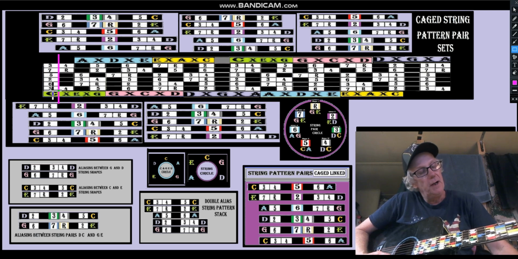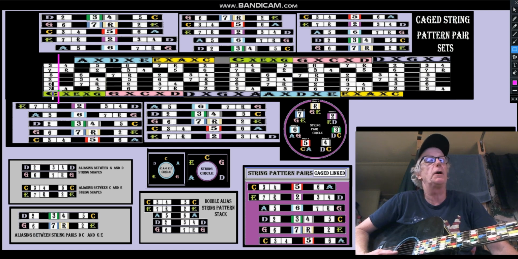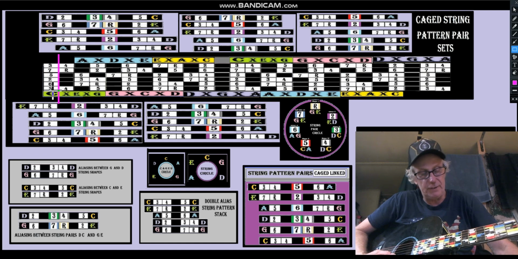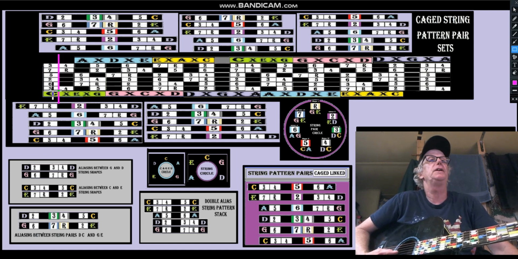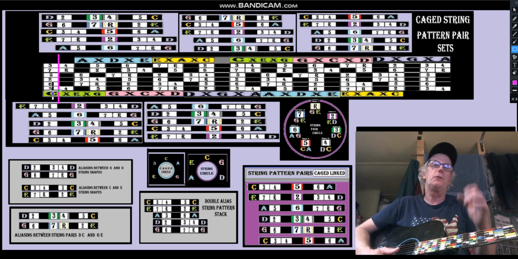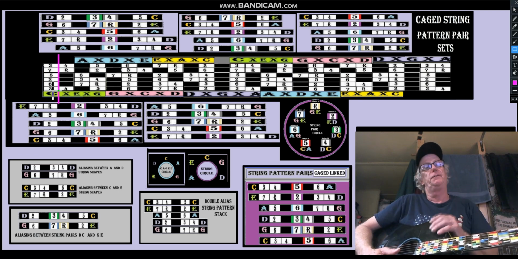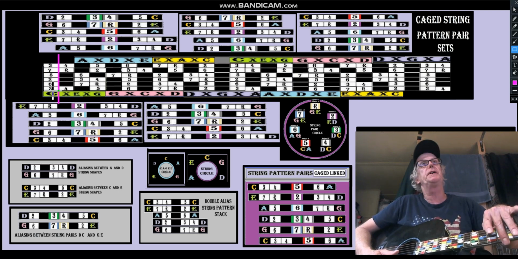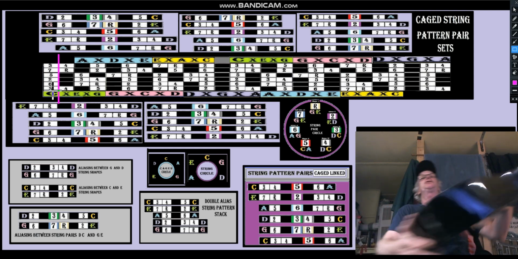Okay, so the 5th of E is B. The 5th of B is F sharp, but it's an augmented 5th, so we get the G there, and then the 5th of G is D, the 5th of D is A, the 5th of A is E. So we have that diminished 4th, augmented 5th relationship with the strings and with the string shapes.